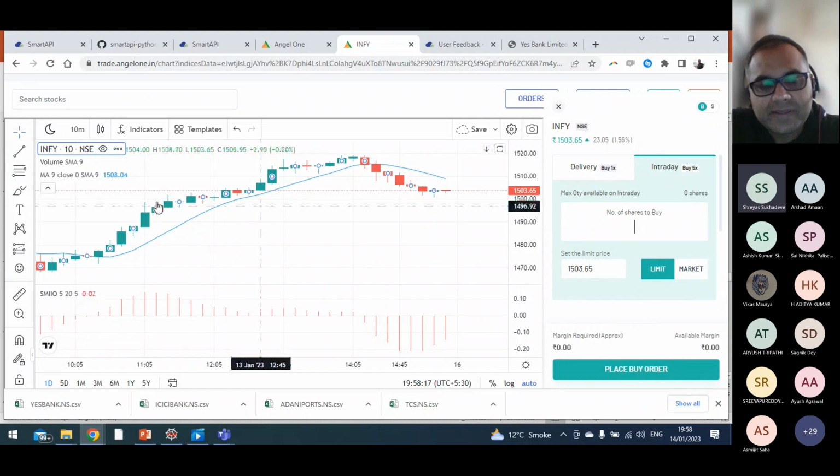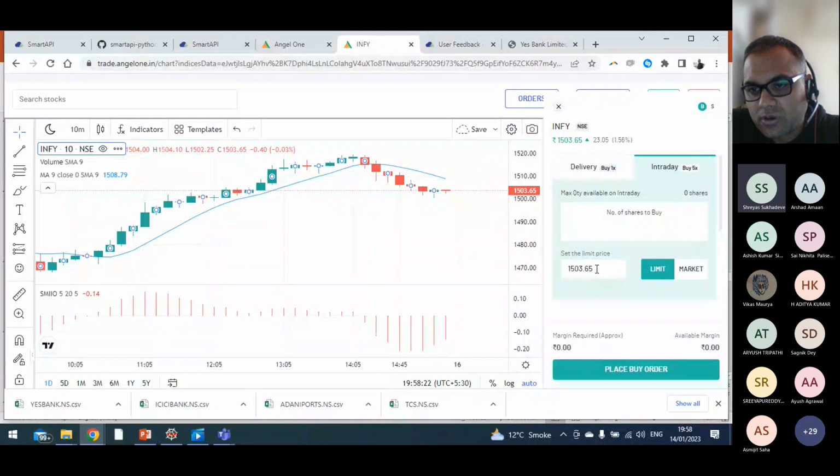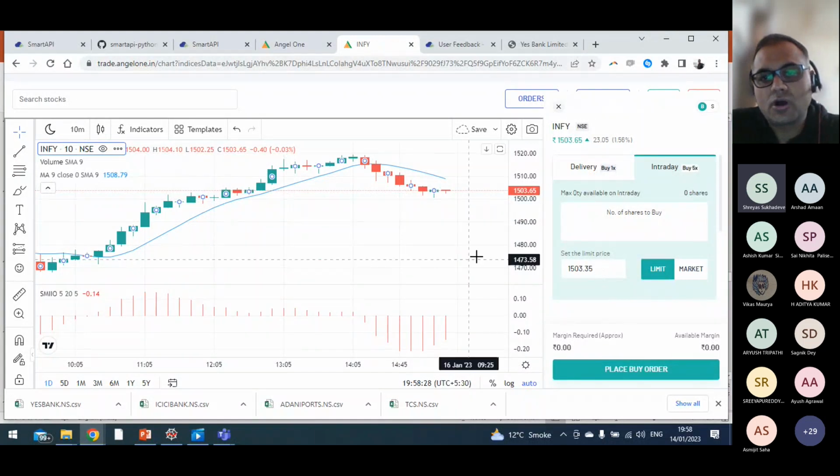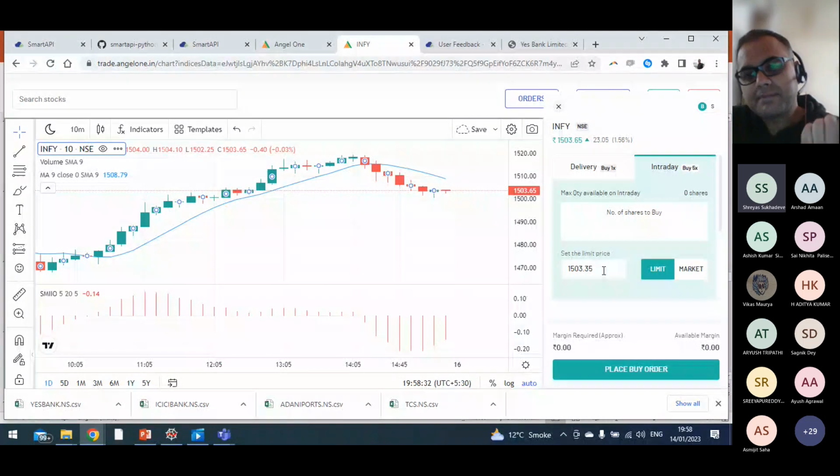Here it will ask me what price I want to buy Infosys stock at. So I might say 1503.35. Maybe the stock right now is at 1503.65. I want to bid my price slightly lower than that. So this is my bid price. And then they will ask how many do you want to buy? So 5 or 10 or whatever.